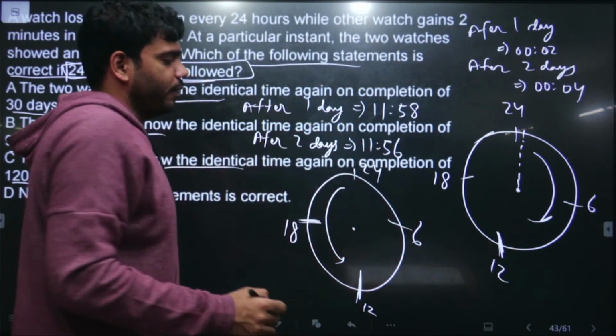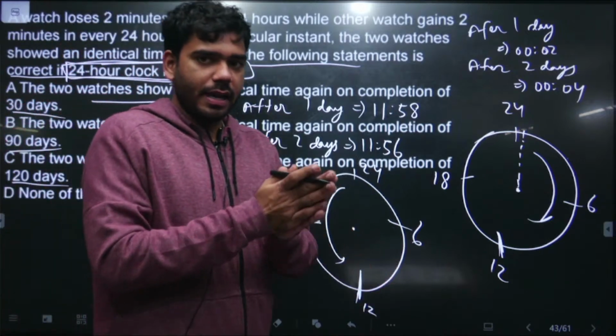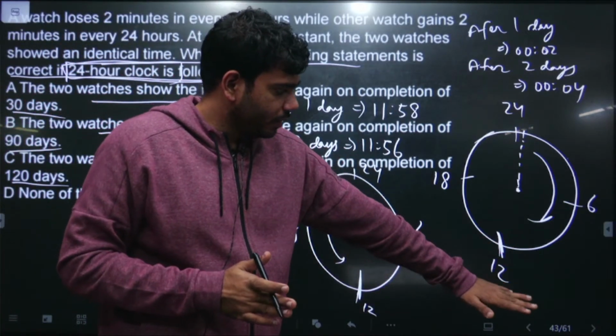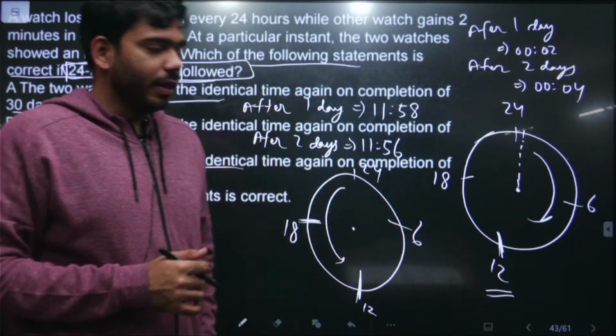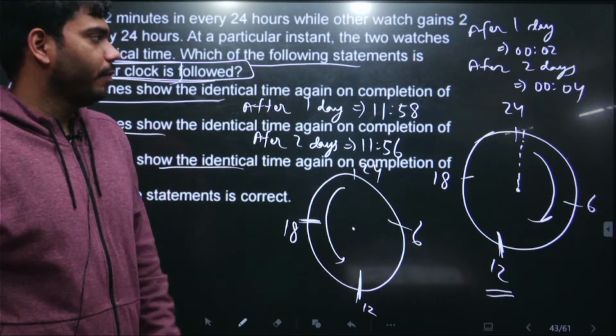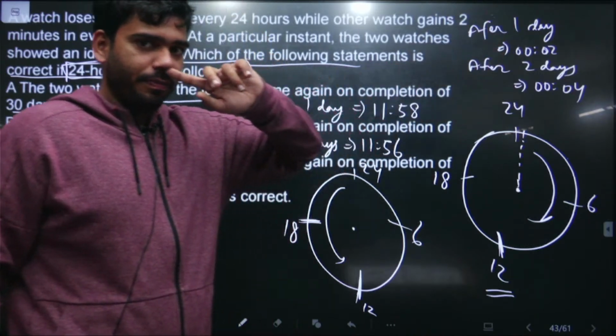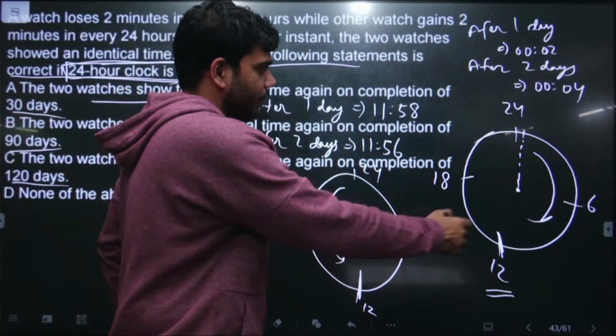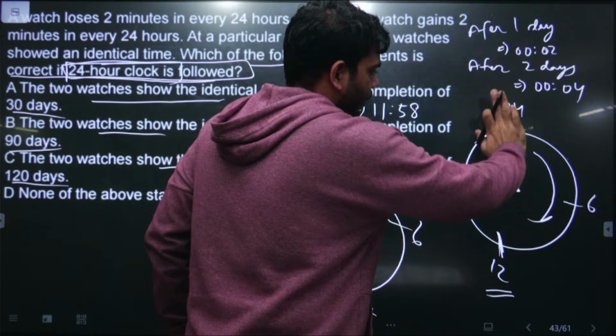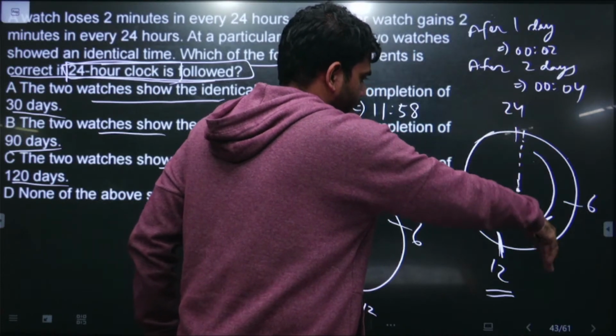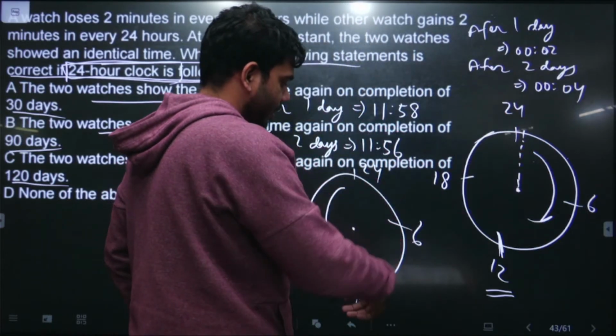After some specific days, both clocks will be showing exactly 12 noon, when in actuality it is exactly midnight, right? This is the closest they will get to meeting. Every day this clock will be moving in this direction and this clock in this direction.